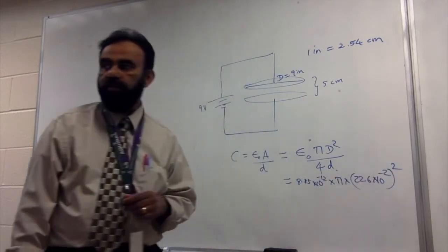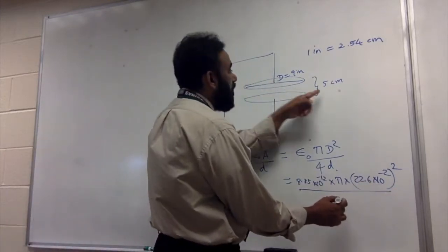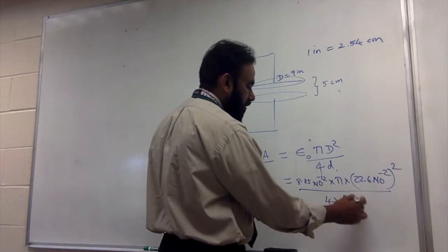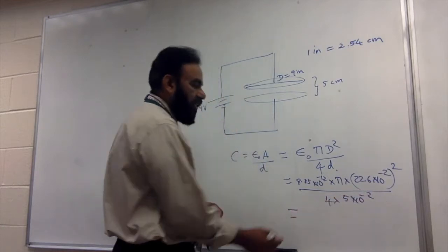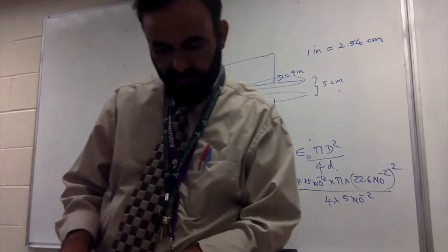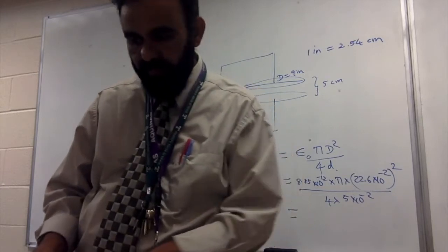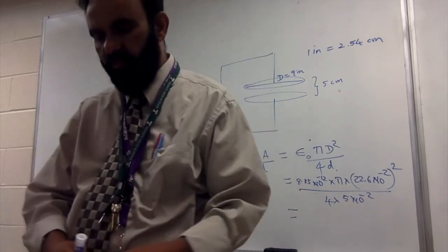That's the diameter squared, over 4 times 5 centimeters. So if you do that, you should get the answer up here. How much? 7.27 times 10 to the negative 12?